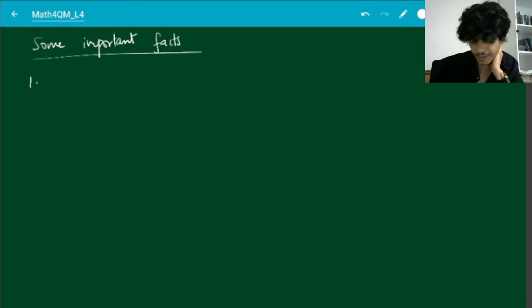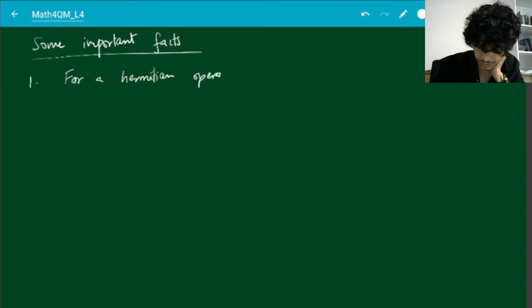The first one is that if you take a Hermitian operator, and we had defined Hermitian operators last time, for a Hermitian operator, let's call it omega, the eigenvalues are always real.